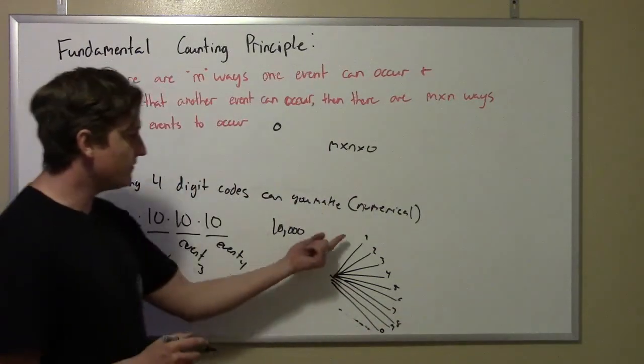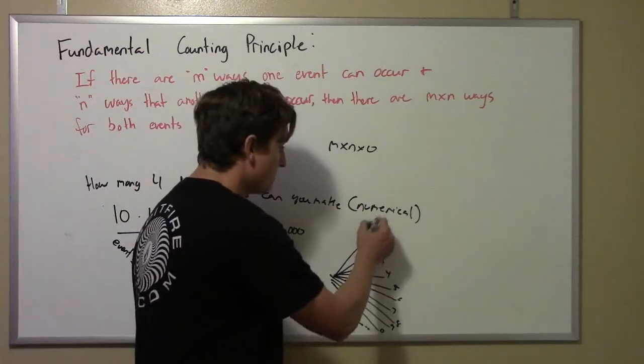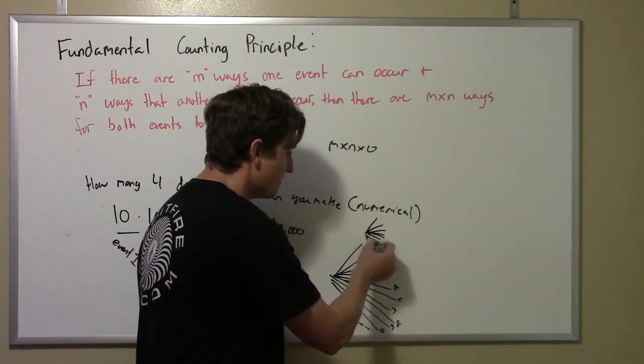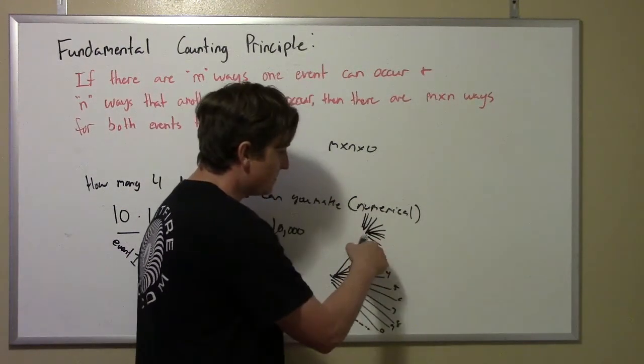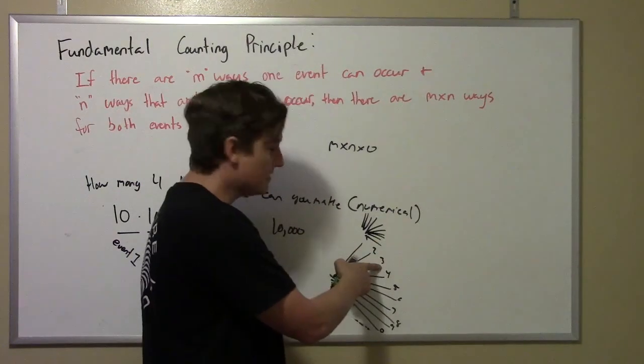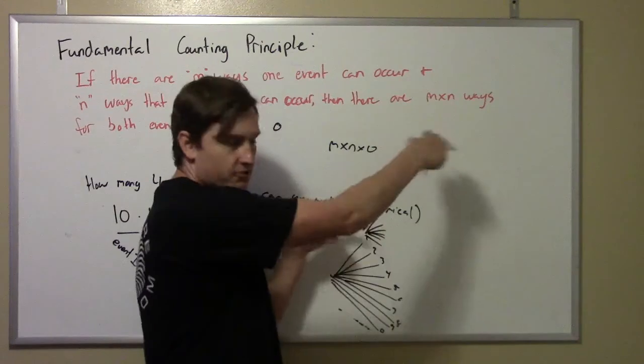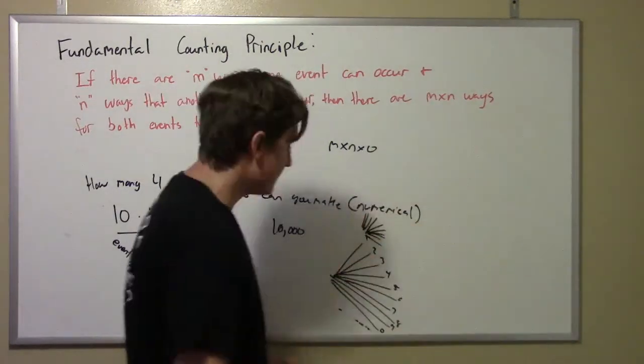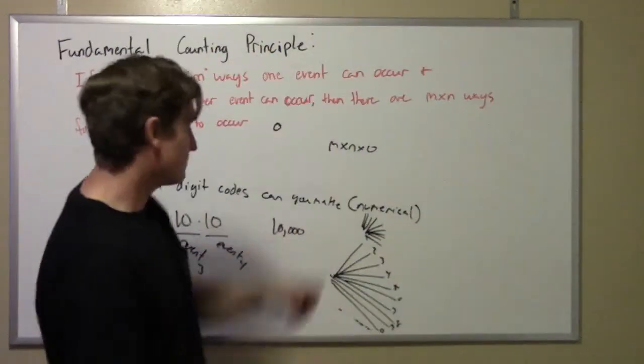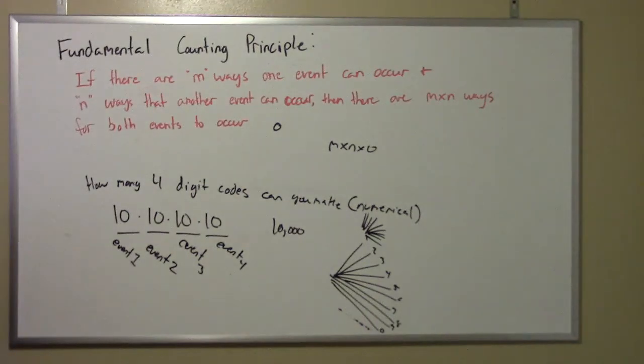Okay? And then off of this one, you'd have to draw 10 lines. 1, 2, 3, 4, 5, 6, 7, 8, 9, 10. And off this one, you have to draw 10. Off this one, you have to draw 10. And then off of each of these, you'd have to draw 10, and then off each of those, you'd have to draw 10. So you have this like branching, and it's crazy. It gets out of hand really quick.